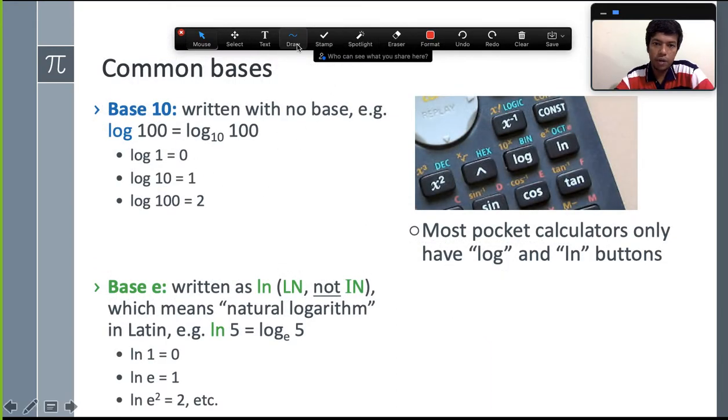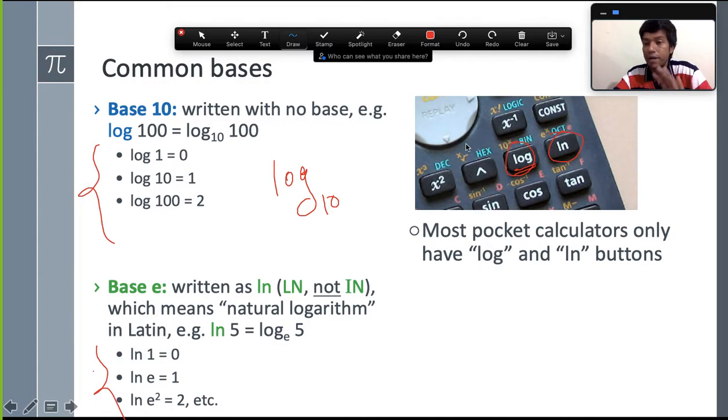And in your calculator, this is so important, that's why it is written once again here. In your calculator, you have the log button and the ln button. This is the ln button, and this is the log button. So log means log base 10.